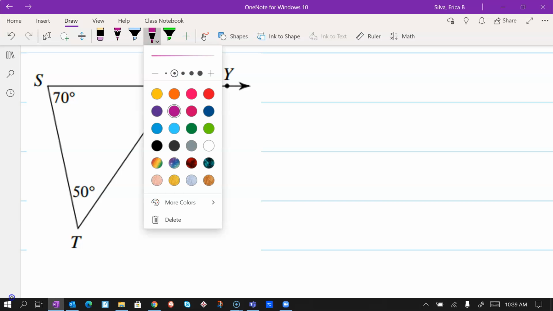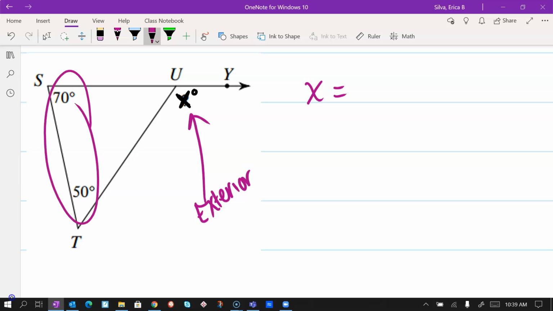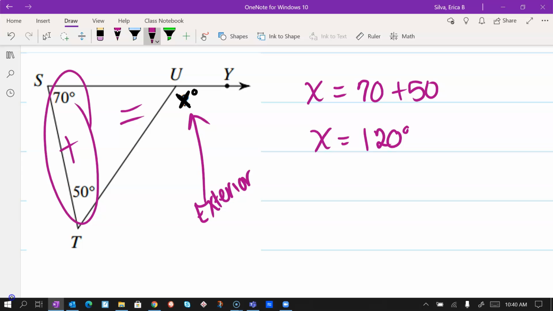So I'm going to identify my exterior angle, the angle on the outside of the triangle, as X. And to get my exterior angle X, what do we have to add? 70 and 50. So we're adding these two to equal X. So we get 70 plus 50. So X is equal to 100. And if it helps, you can circle them and put a plus sign and put the equals, it's kind of like it's making the equation for you, right?